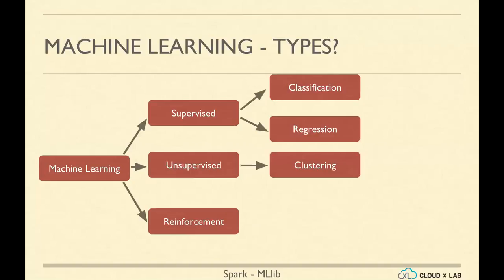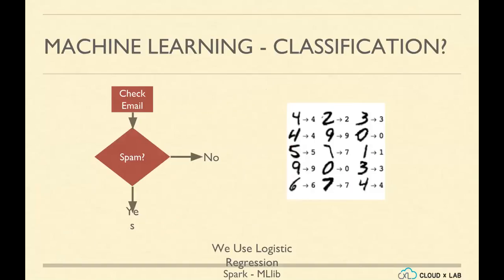Unsupervised learning has types as well. One of them is clustering. An example of classification could be an email spam filter: check the email, and if it is spam, then mark it; otherwise, don't mark it as spam. Or recognizing handwritten digits.